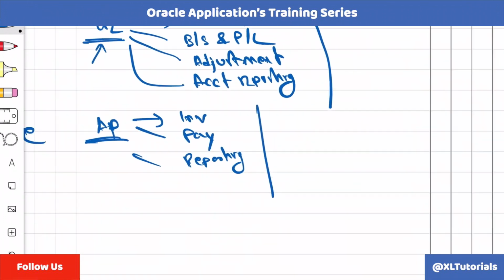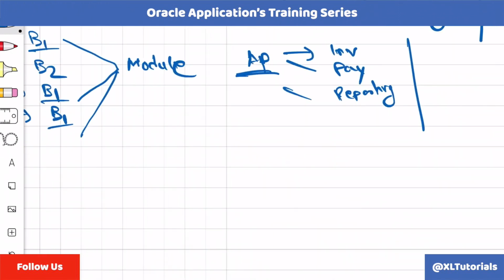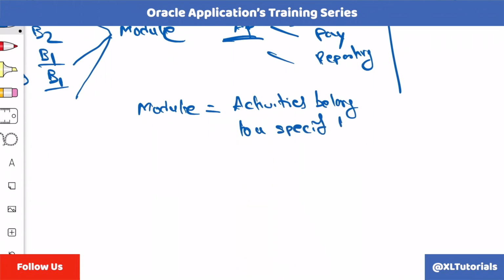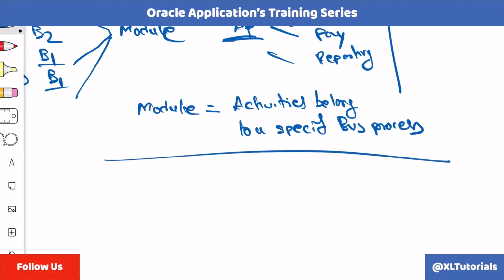So that's the basic concept of a module. A module is equal to activities belonging to a specific business process. That's it. That's the basic understanding of a module.